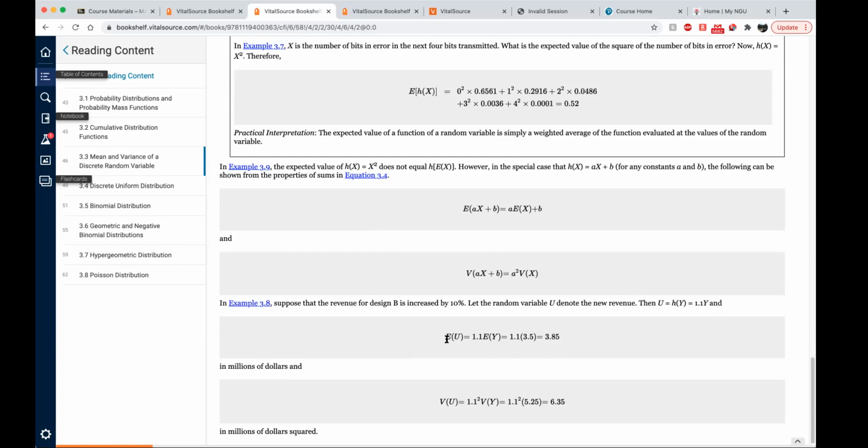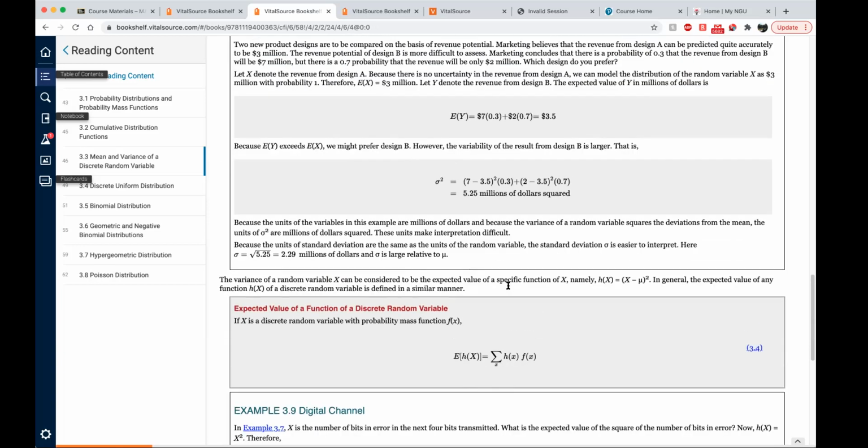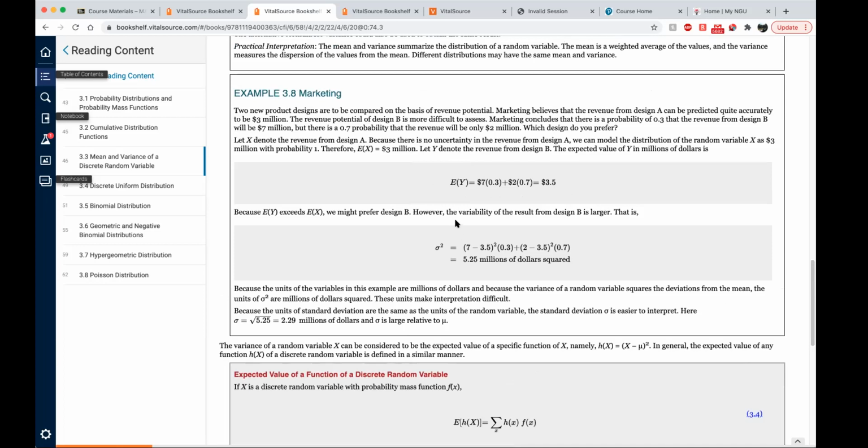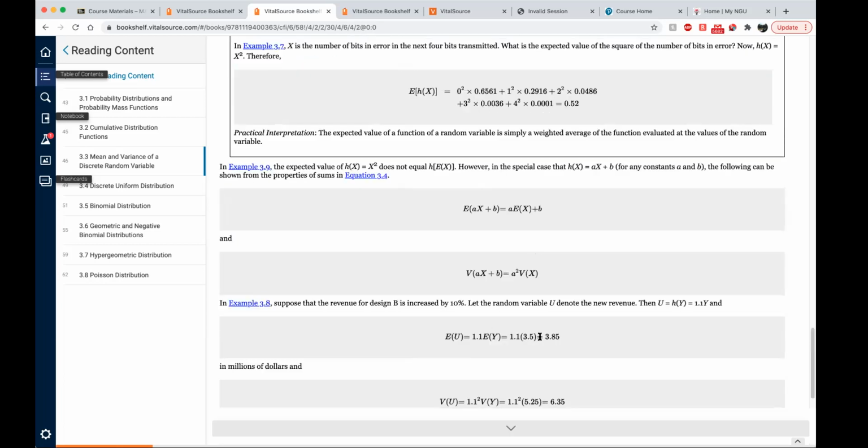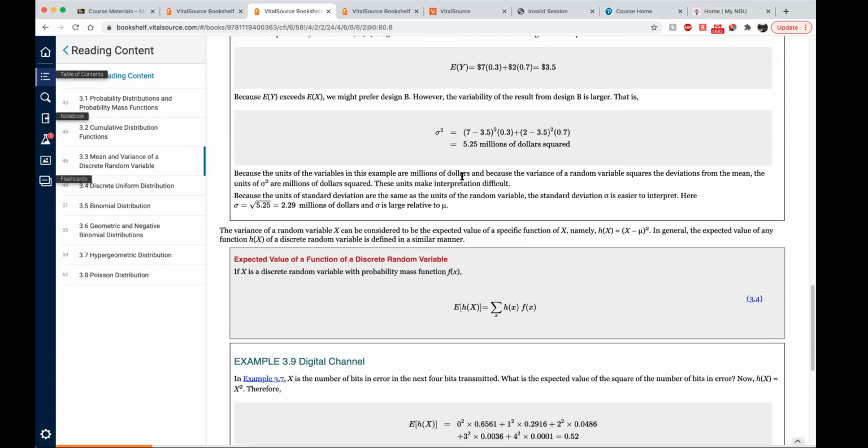E of U is going to be E of h of Y, which means 1.1 times E of Y. We already got E of Y in example 3.8, but I didn't cover it. Please read this one too. E of Y is 3.5, so 1.1 times 3.5 is 3.85. And the V of U is going to be 1.1 squared times V of Y, which is 1.1 squared times 5.25.